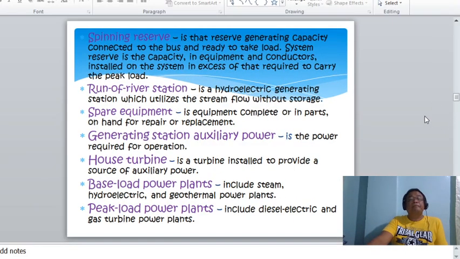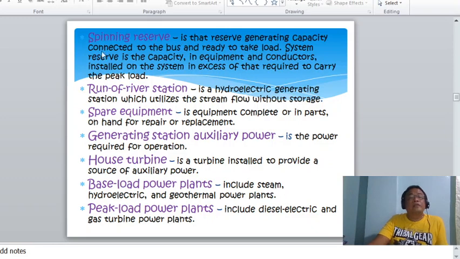Another, we have also the so-called spinning reserve. In the previous slides, we had the so-called hot reserve. This is reserve generating capacity connected to the bus and ready to take load.